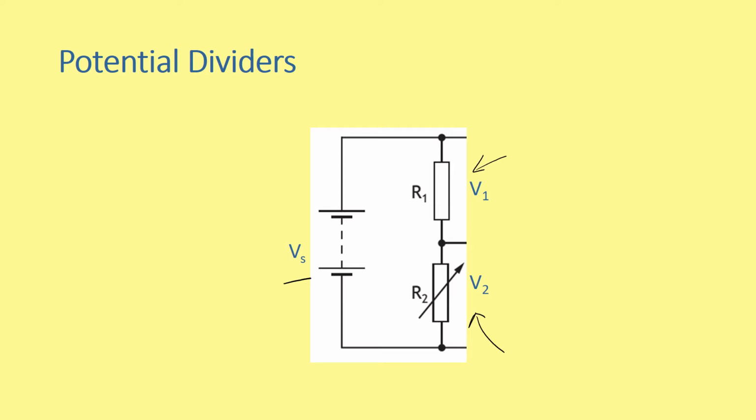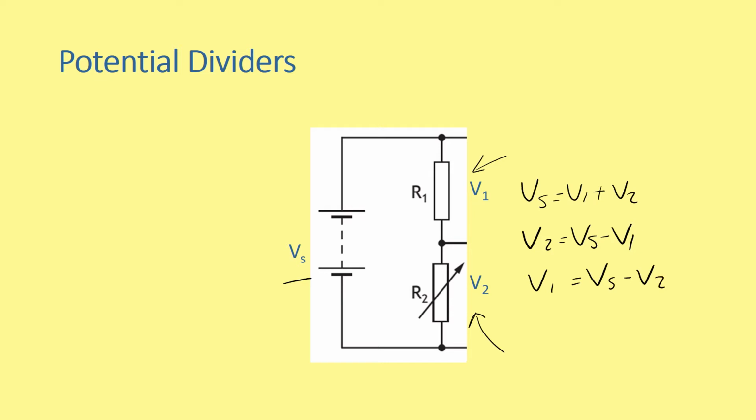Thinking back to our basic circuit rules, we know that Vs is equal to V1 plus V2. We can also think of this as a way to find V1 and V2. If we know what V1 is, we can say that V2 is equal to Vs minus V1, or V1 is equal to Vs minus V2.